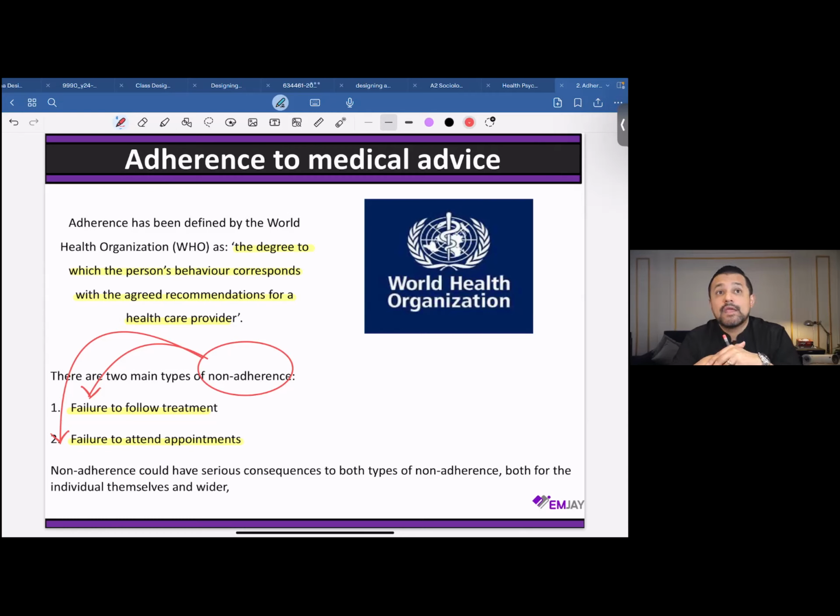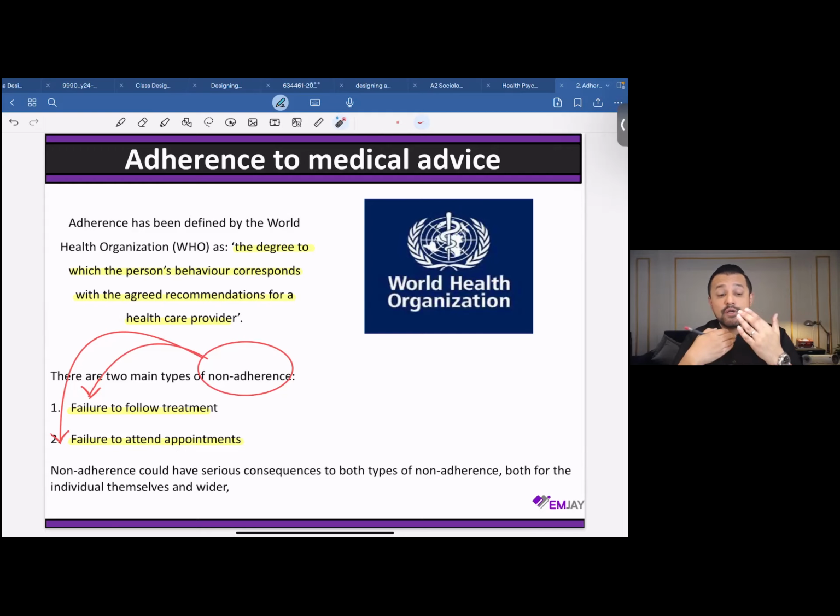For instance, if a patient is not adhering to the advice that has been given to him or her by the practitioner, that could result in the severity of symptoms, and that particular disease or illness that the patient is experiencing could worsen, right? So non-adherence could have serious consequences, for both types of non-adherence, both for the individual as well as for the wider society. That applies well to the health related services as well.